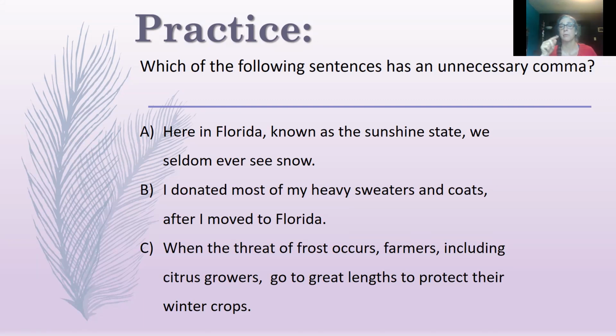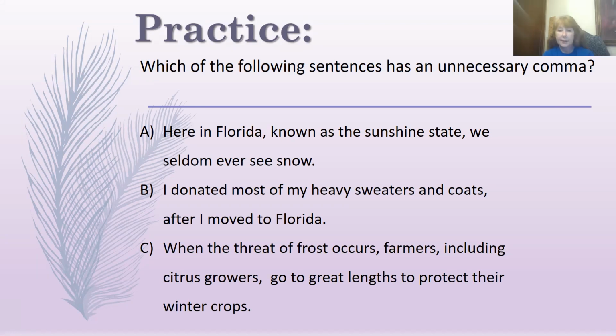Well, actually, it's only doing one thing. It's introducing my independent clause. But now look at the comma after farmers and the comma after citrus growers. Let's use those as little handles and lift that including citrus growers out of our sentence. And now let's look at it. When the threat of frost occurs, farmers go to great lengths to protect their winter crops.